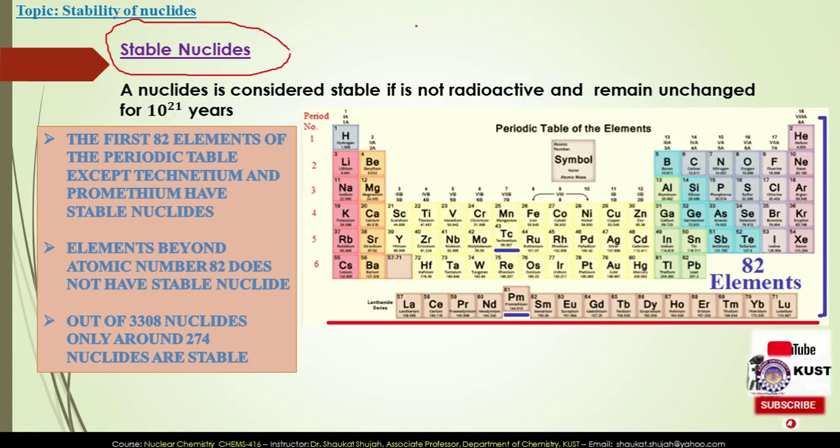However, they can be changed by bombardment with external high energy radiations or particles. Now, it has been proposed that if a nuclide remains unchanged for 10 raised to the power 21 years, then that nuclide can be placed in the stable nuclide category.